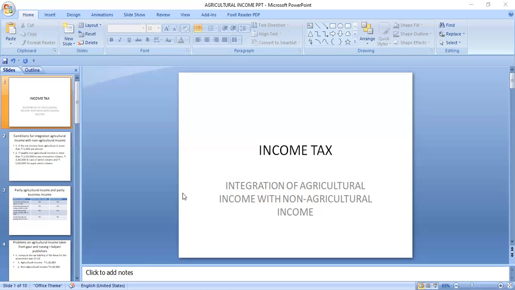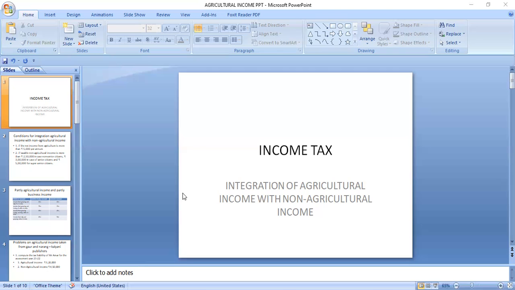If you do both these activities, then we can say you're using the land for agricultural purpose. Suppose if the assessee performs only subsequent operations, then it cannot be treated as agricultural income. He has to perform both the basic operations and subsequent operations. Then only we can treat it as agricultural income.